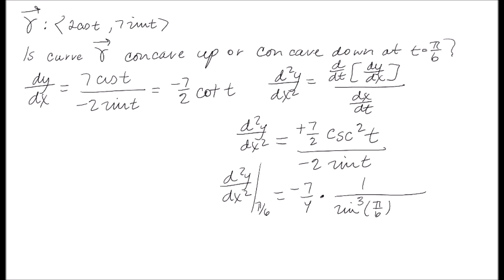So it's going to multiply in another sine. Now I know that sine of pi over 6 is positive because pi over 6 is in the first quadrant, so the y-coordinate would be positive. And so I've got a negative number times a positive number, which is negative, meaning that the curve is concave down, as I expected.